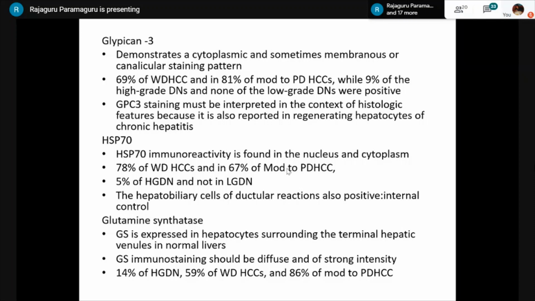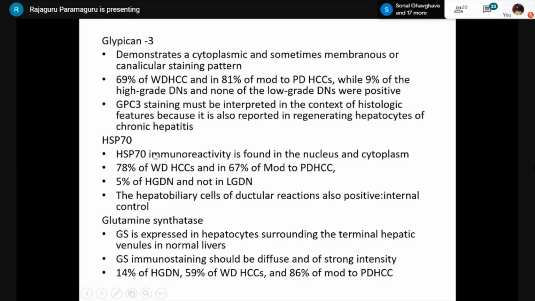And you have to use it as a panel with glutamine synthetase. Glutamine synthetase is normally expressed in the terminal zone 3 hepatocytes, and diffuse and strong staining has significance, and it is seen more commonly with poorly differentiated and well-differentiated HCC.